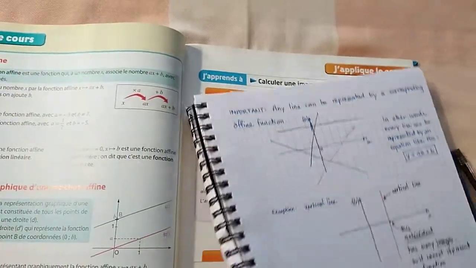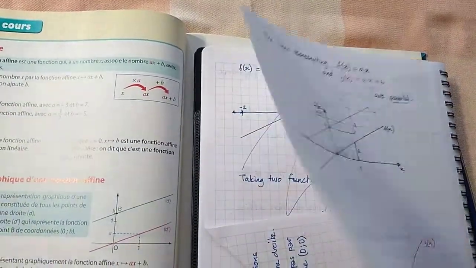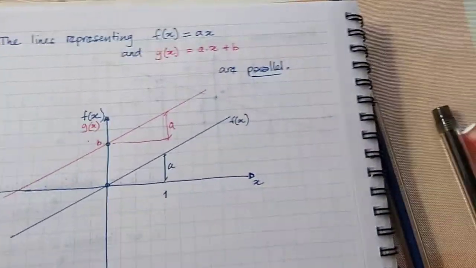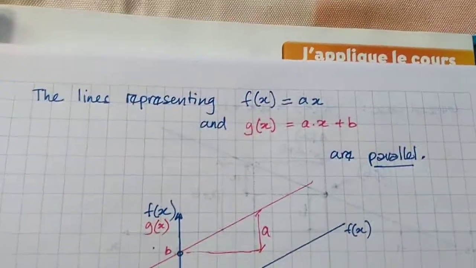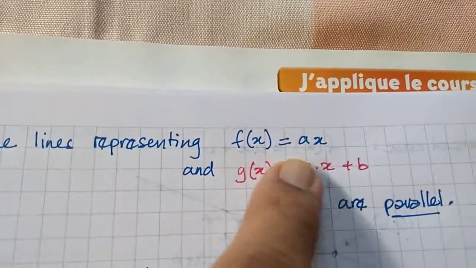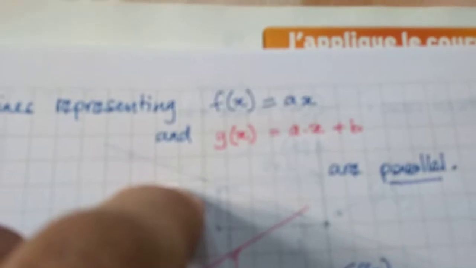Okay. Now we will look at a few other properties of affine functions, and this has to do with parallel lines. So let's take two functions. One is a linear function, f of x is equal to a times x, where a is any number.